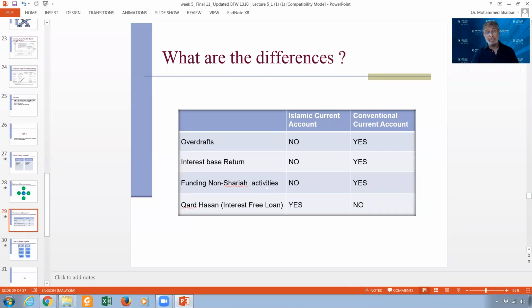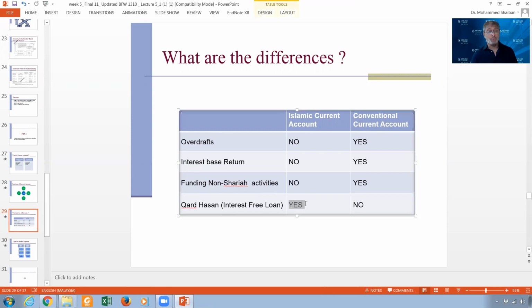You can talk about gambling, speculation, pornography, drugs, anything. Some of these activities they share with conventional banks, but when we talk about pork-related businesses, farming, and gambling, conventional banks can do them, Islamic banks cannot do them with their customers.